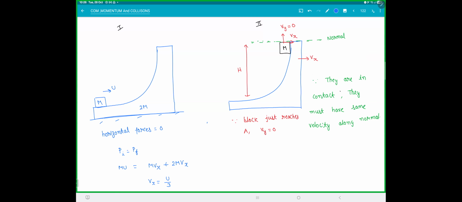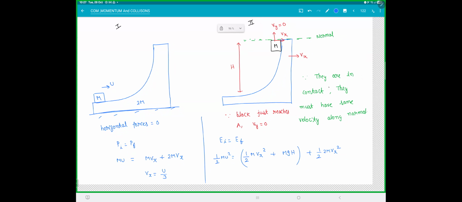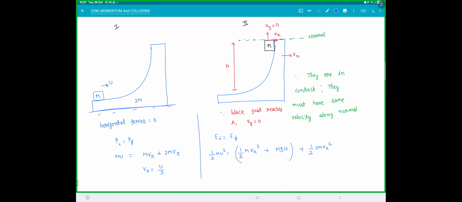Since work done by external force is 0, conservation of energy. Initial energy is equal to final energy. Initial energy half mu square. Final energy will be half mvx square plus mgh. This is for the block of potential energy and the kinetic energy. Plus wedge will be half 2mvx square. There, you got the values there.